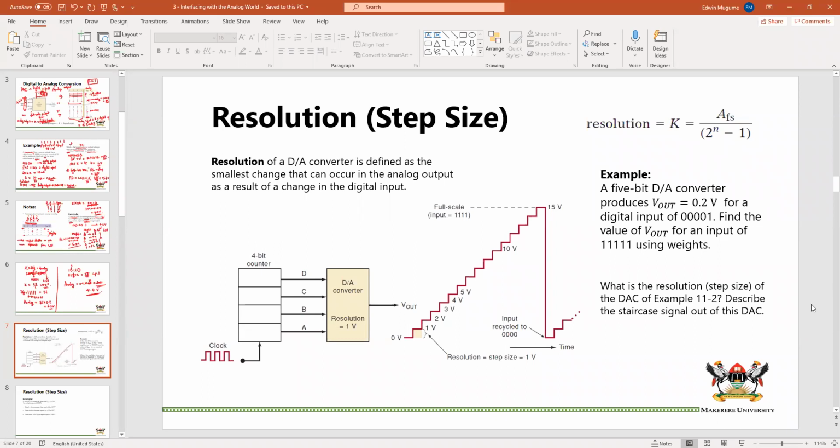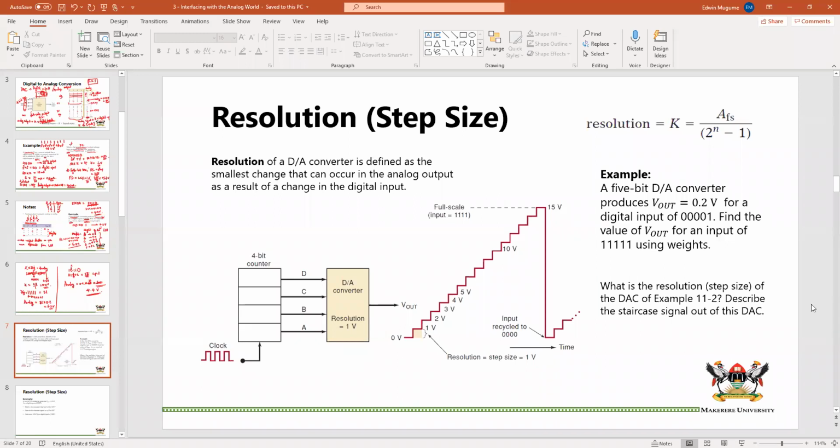And we know how the input changes. Obviously, the input change that causes the smallest change in the output should also be the smallest input change. If you have your smallest input change, it causes a corresponding smallest change in the output.